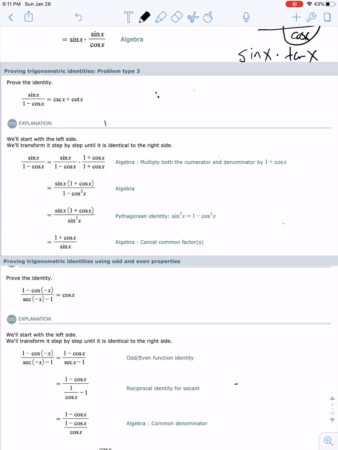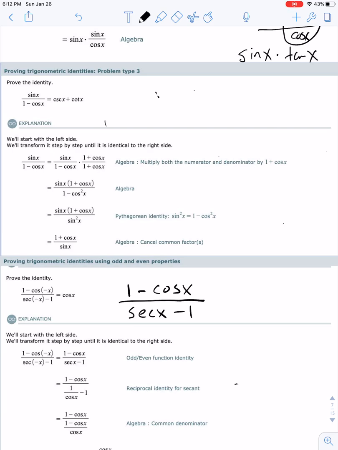So for this first example, 1 minus cosine negative x, well, we know that cosine negative x is the same as positive cosine x, so that's just 1 minus cosine x. Secant of negative x, again, secant in the fourth quadrant is also positive, so that's secant x minus 1.